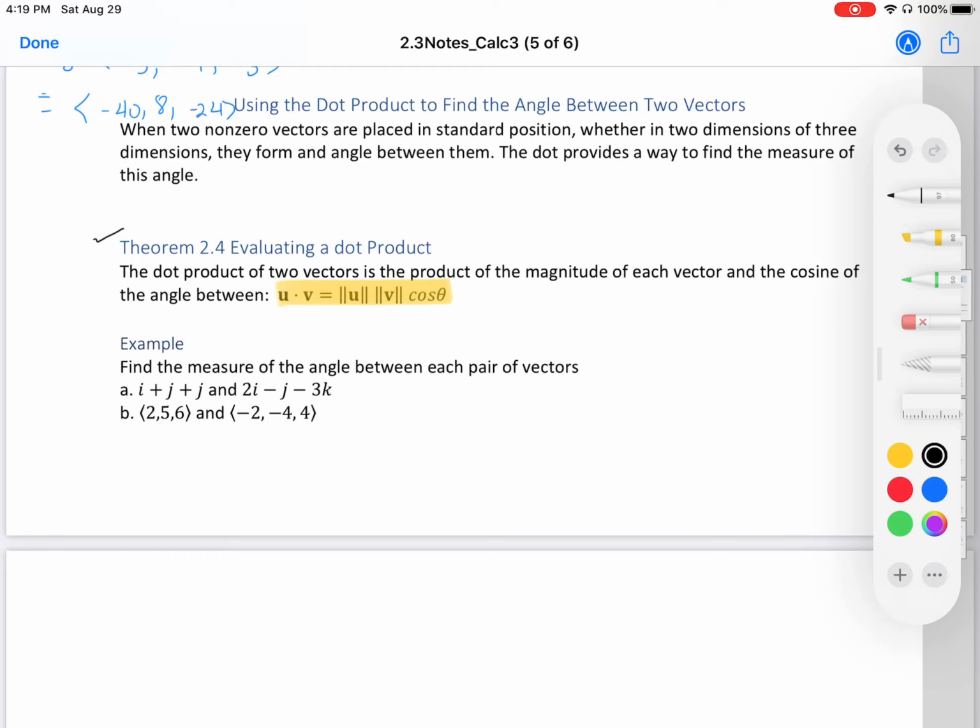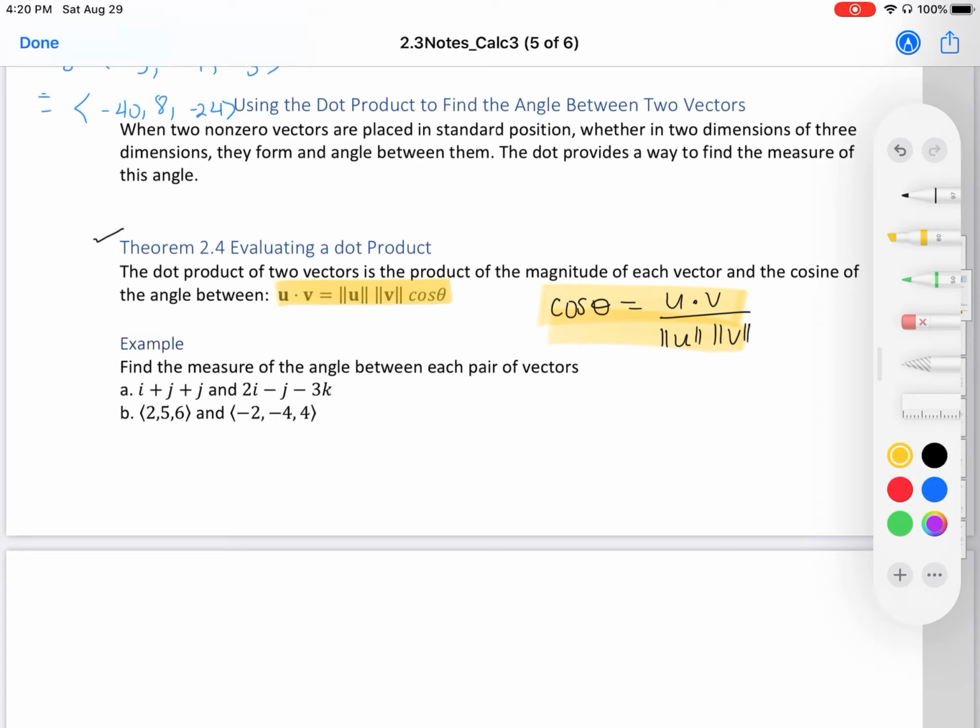A common way you'll see it is if you're being asked for the angle, you can solve for cosine theta, and that would just be the dot product of u and v, divided by the magnitude of u and the magnitude of v. So that's something else you can take from that equation. And we'll practice that in the next example.